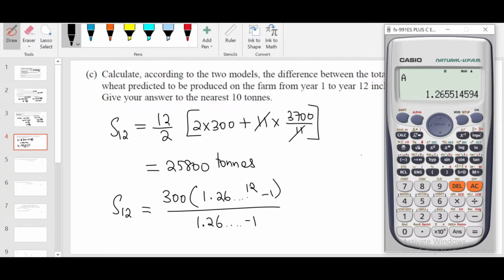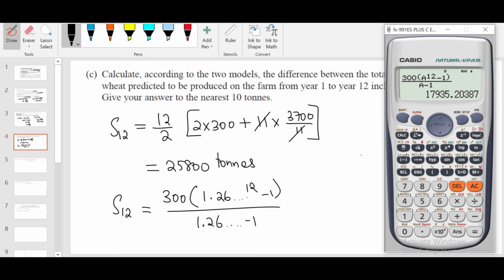We need to calculate this now. 300 times (r, saved as A, to the power n minus 1) divided by (r minus 1).